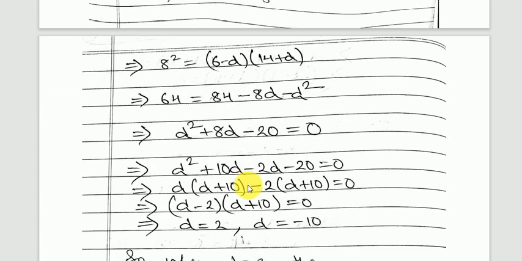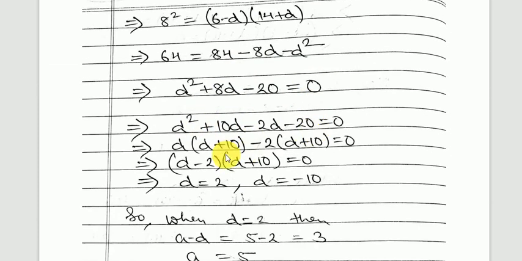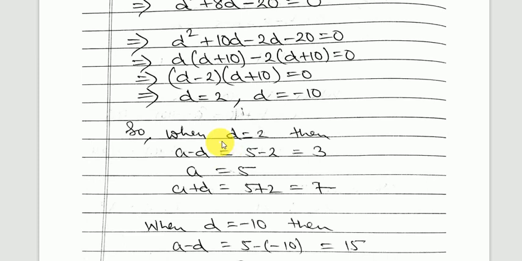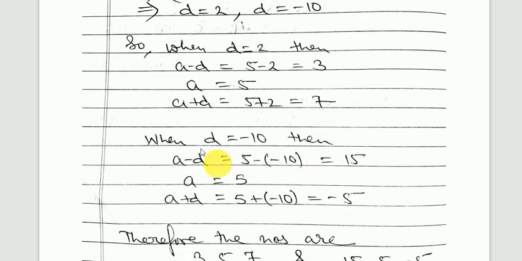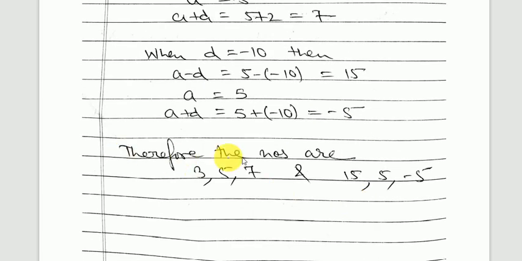You'll get a quadratic equation. Then you are getting D equal to 2 or D equal to minus 10. So when you take D equal to 2, the numbers will be 3, 5, 7. When you take D equal to minus 10, the numbers are 15, 5, minus 5. So the possible numbers are 3, 5, 7 or 15, 5, minus 5.